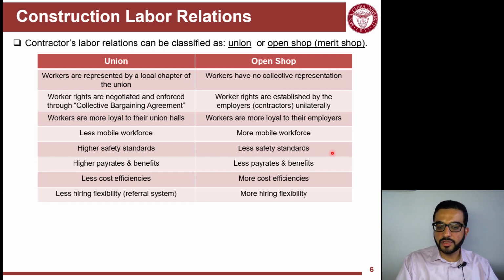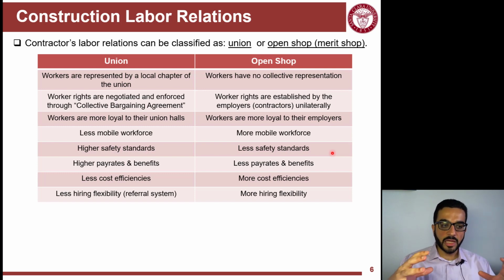Then the next thing, the bad thing in union, is there are fewer cost efficiencies when a business operates as a union contractor, because the union enforces contractors to use a specific size and composition of crews. A crew should be mostly made of journeymen, these experienced trade people, and fewer people who are called apprentices.